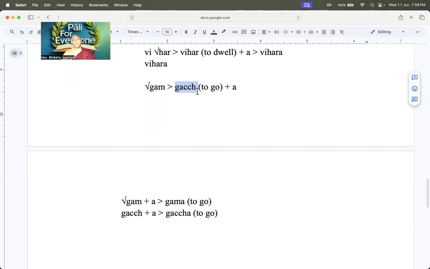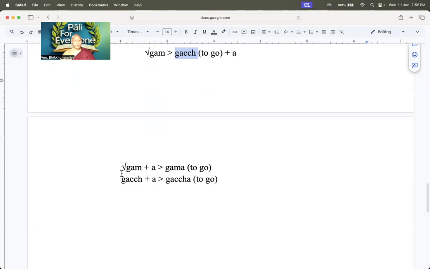The purpose of introducing root gam having two forms, gamma or gaccha, as a base form is that when we read the original text, the Pali canon, we understand: oh, gaccha also means to go, gamma also means to go. Just to understand that point. So Pali has in this way a primary form and also a secondary form. Maybe some have three forms also.